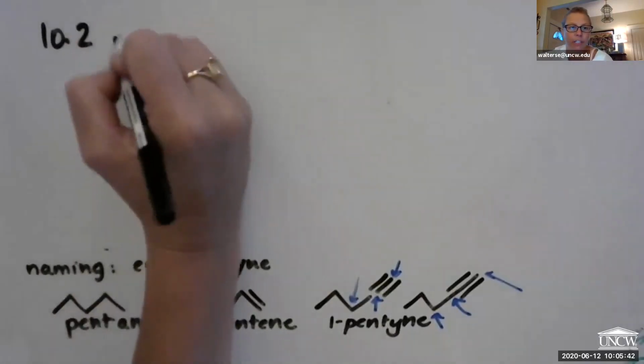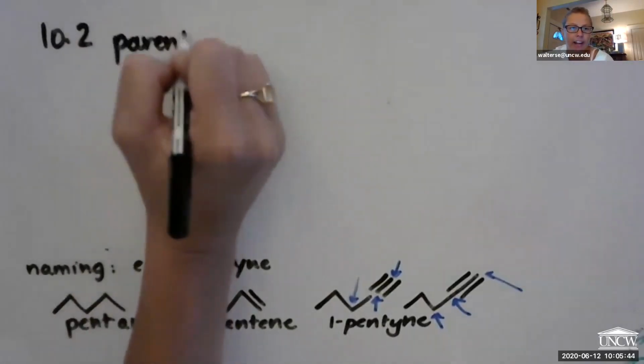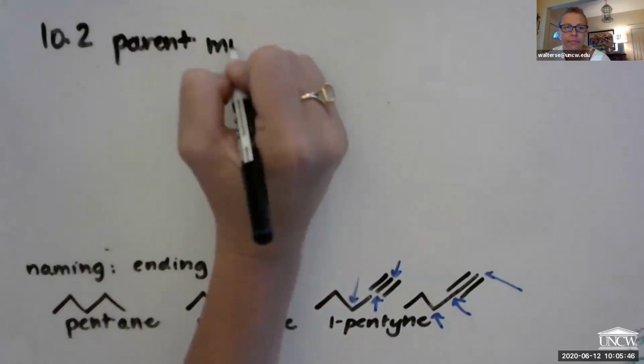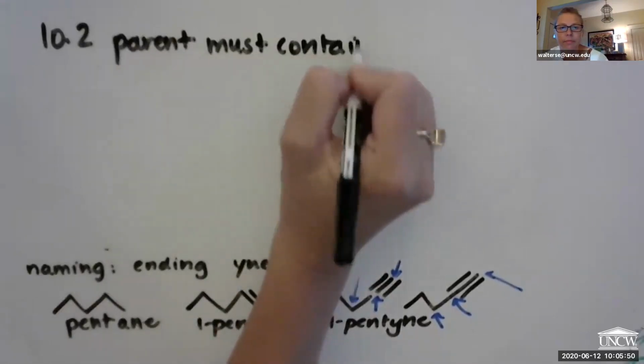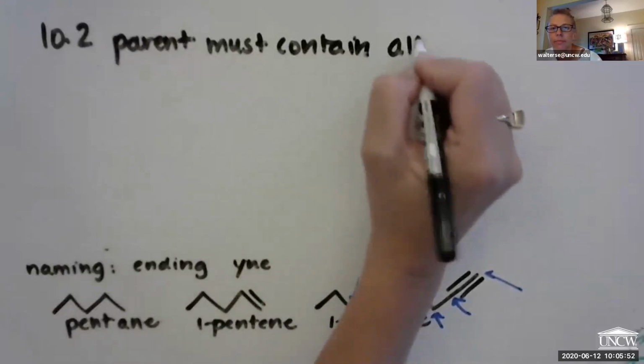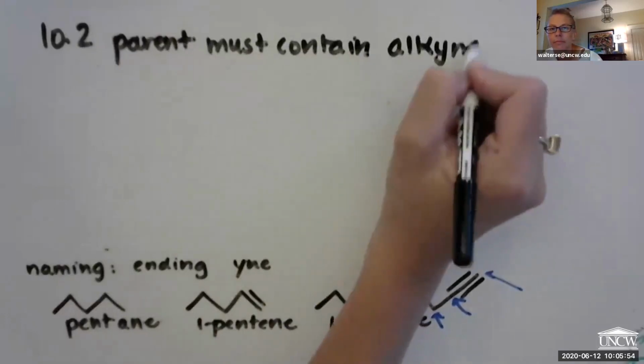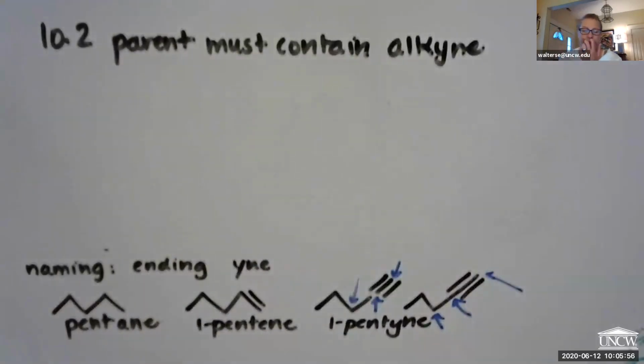So your parent chain must contain the alkyne. And things get a little bit weird if there's a double bond and a triple bond in there. They're called enynes, but we're not going to do nomenclature of those. It would just be a single functional group. Could have substituents like chlorines and other halogens.